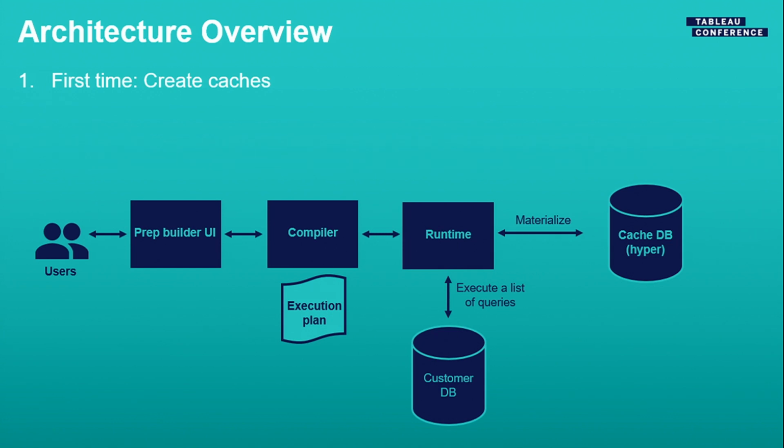Let's take input node as an example. When the first time you import your input data to Prep Builder, Prep UI will get that request. The compiler will generate an execution plan to execute a list of queries against your data source. Meanwhile, Prep will fetch the data from your data source, then materialize it into our cache database called Hyper.